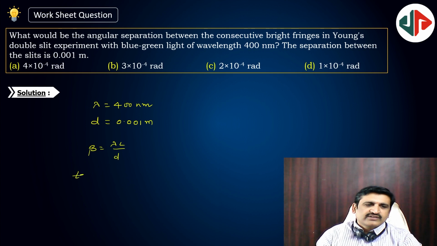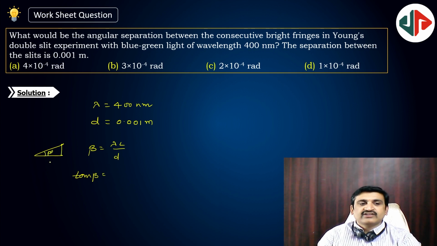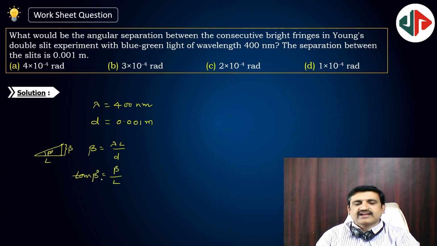Now tan beta, if it is beta length and this is L, then beta by L will become the angular width. Tan beta degrees is equal to beta by L, which is equal to lambda by d.